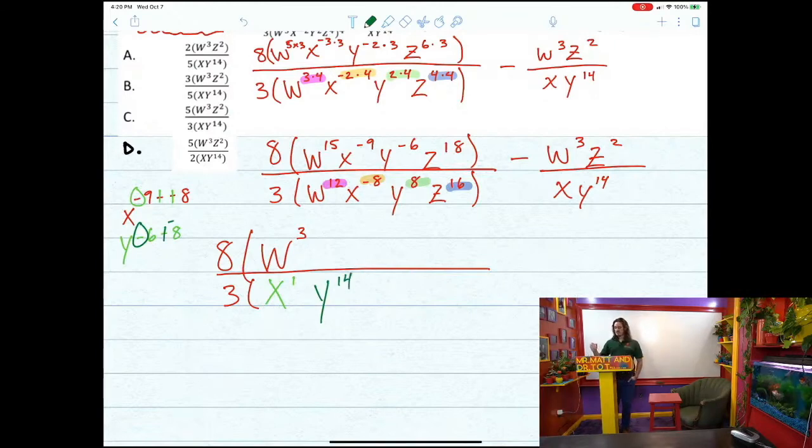So if it's y to the -14th in the numerator, its equivalent value would be y to the +14th in the denominator, because remember that rule with negative exponents. Anything raised to the negative exponent is equal to 1 over the positive version of that exponent. And then we have z. Z is going to be z to the 18th minus 16, so that's going to be z squared.